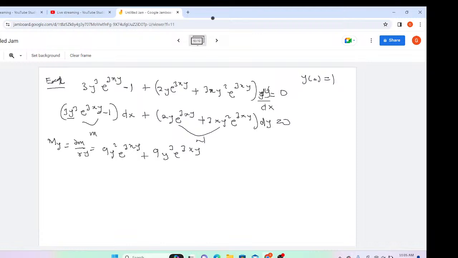Sorry, x should also come here. And then when you differentiate n with respect to x, that will give us 6y e to the 3xy plus, you are going to differentiate this part with respect to x also.